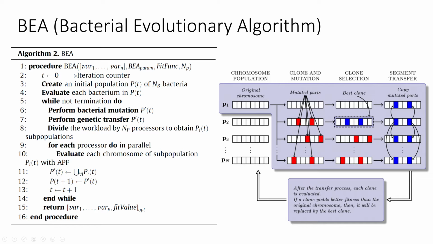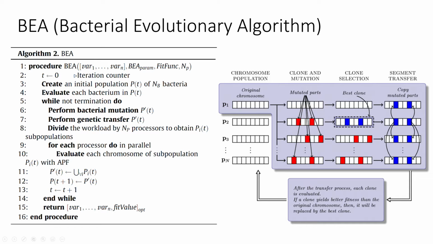In the picture we can see that after we have gained the first initial population, it then performs the bacterial mutation on the following parts. It could mutate from this part to the second part, it can also go from the first to the third, and so on and so forth.